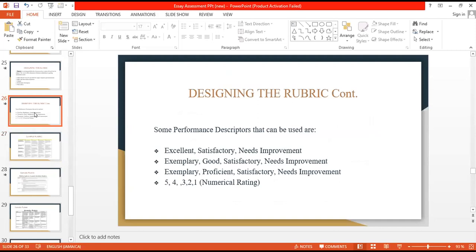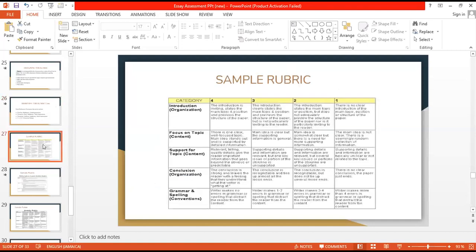And if the points were not developed strongly enough, we probably could have said that there's room for improvement. All right, so remember, the performance descriptors are like a range or a categorizing of how well the essay questions can be answered.